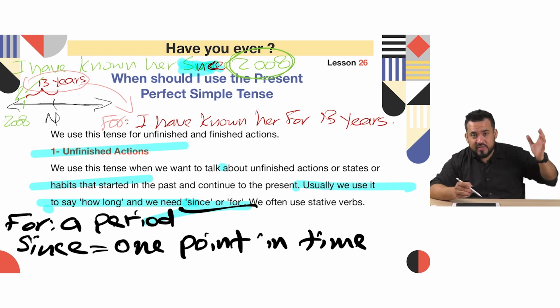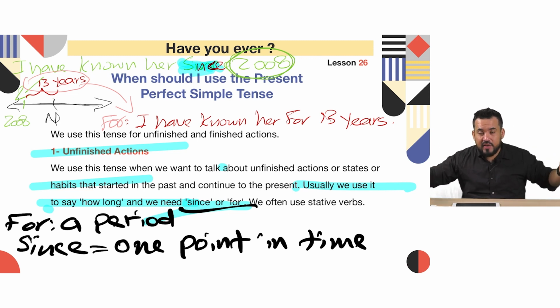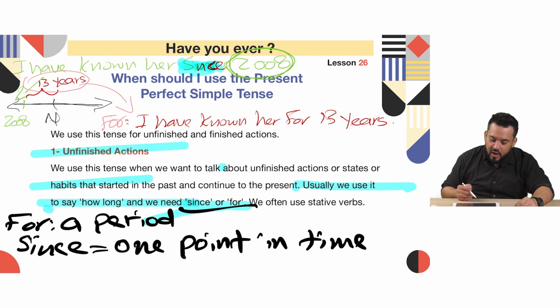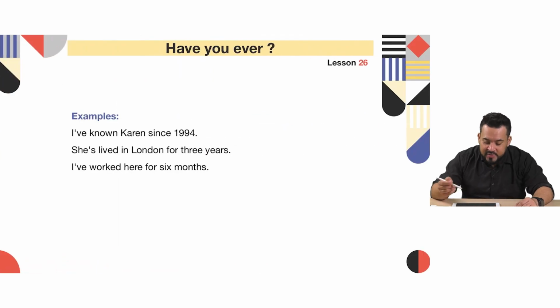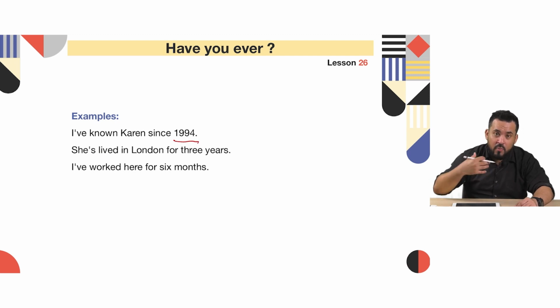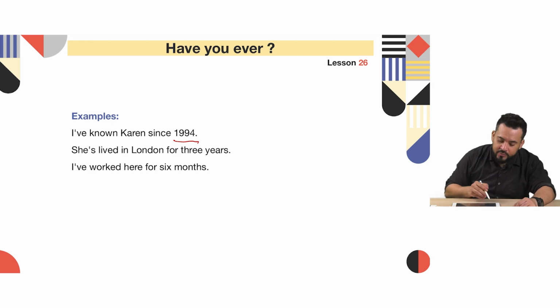So, unfinished action, something started in the past and it's still happening now. We use it to say how long, and we need since and for. We often use stative verbs with that. So let's take a look at some examples. I've known Karen since 1994. That means in 1994, my relationship with Karen began, or that is when I first got to know Karen.